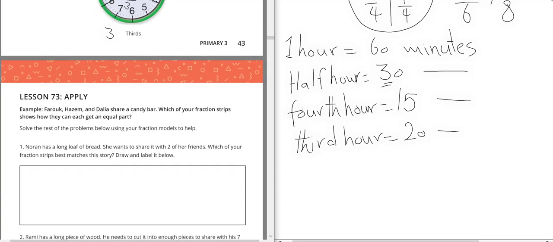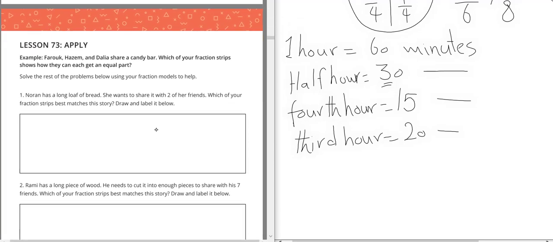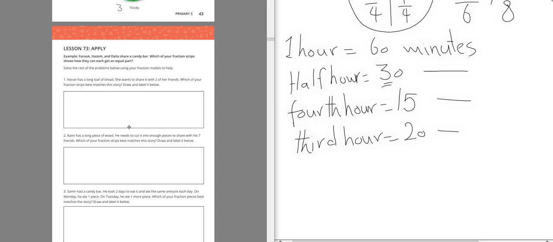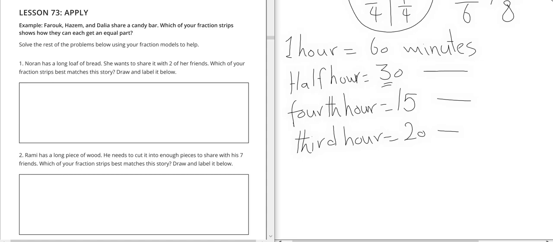Turn on your page, lesson 73. Apply. Example. Farouk, Hazem and Dalia share a candy bar. Which of your fraction strips shows how they can each get an equal part? Solve the rest of the problem below using your fraction model to help.